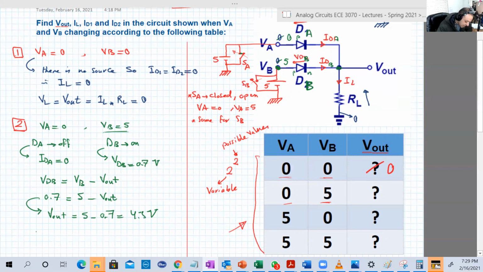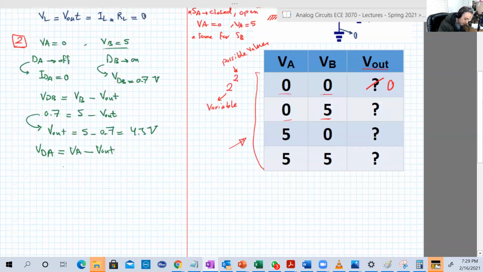So what is now VDA? VDA is the voltage of diode A, which is VA here, minus this point, the N side voltage, which is V out. VA is 0 in case 2 here. And the V out, we just got, is 4.3 volt.